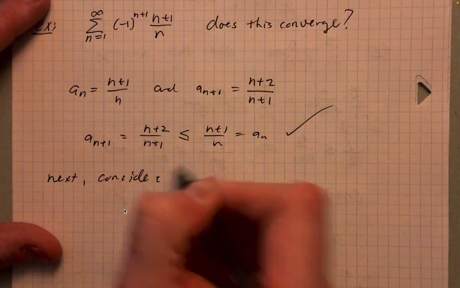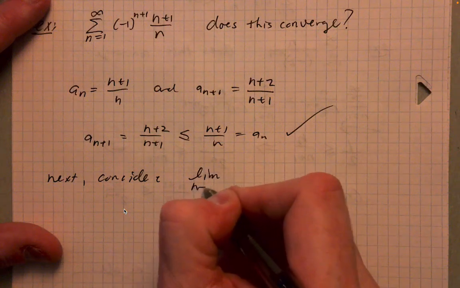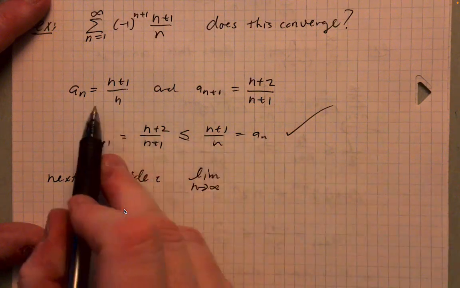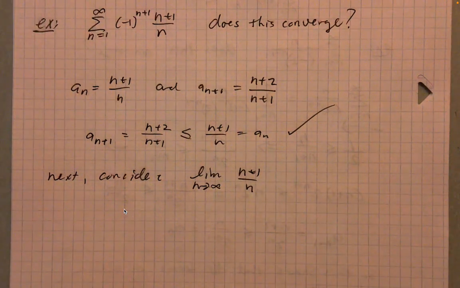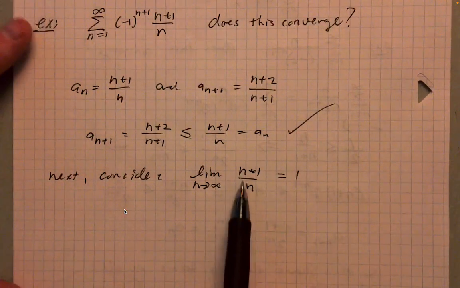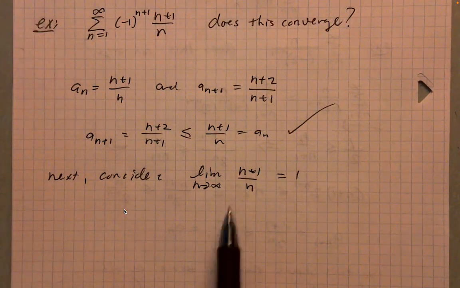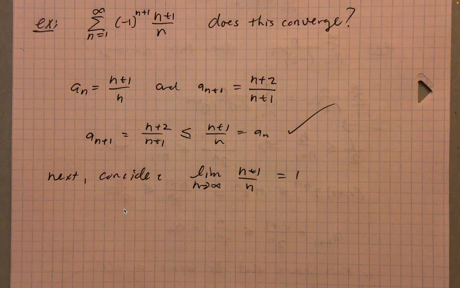All right, so next let's consider the limit as n goes to infinity of n plus 1 over n. Well, unfortunately, this one does not work. The limit does exist. We know that the limit is 1. This is polynomial over polynomial, first degree, so it's a ratio of the leading coefficients, and that would be 1.